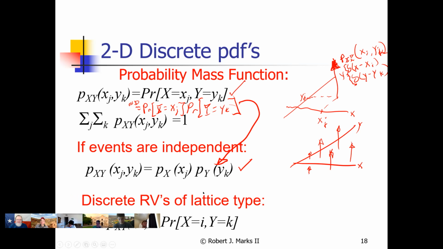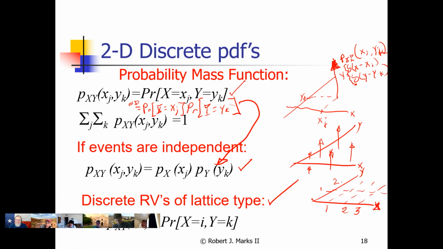Okay, random variables of the lattice type. This is something that I teach, but it's not taught in Garcia. Random variables of the lattice type are where all of these Dirac deltas exist on integer pairs. So we have 1, 2, 3 on the x-axis, and 1, 2 on the y-axis.